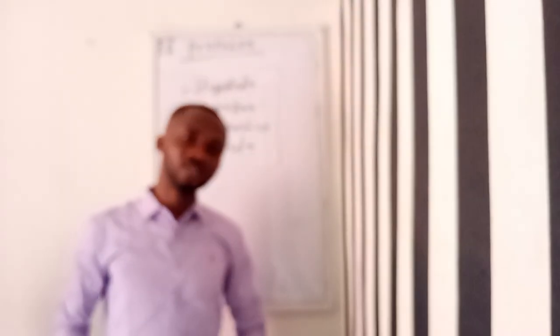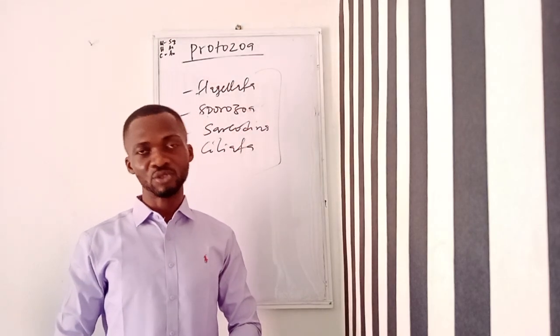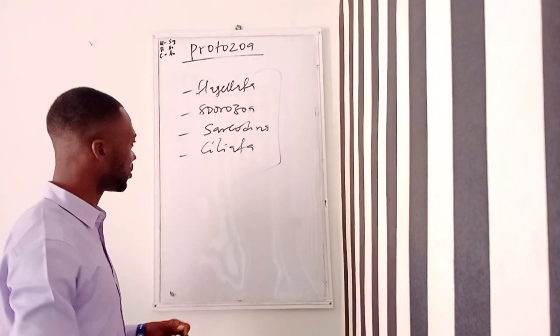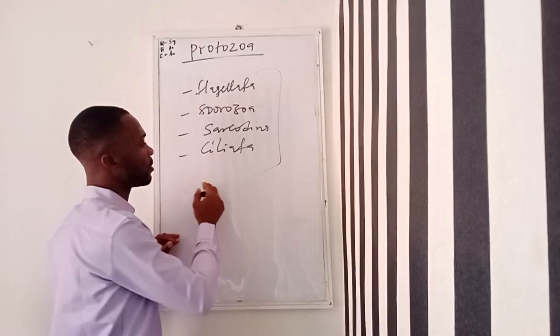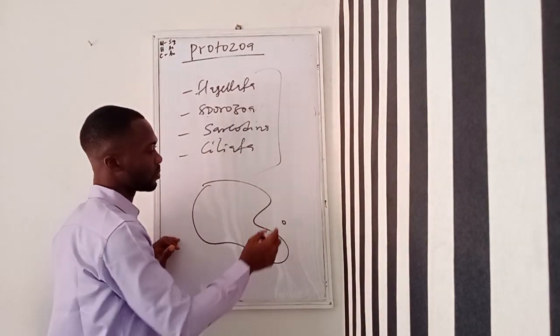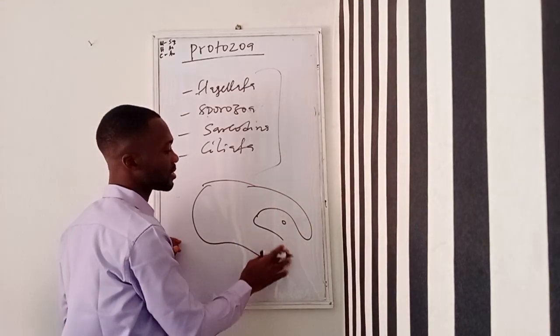So I think this is the only thing we need to study on protozoa. Of course, you know the function of pseudopodia. Pseudopodia are used by amoeba for the purpose of feeding. If the amoeba has food it wants to get, it extends its cytoplasm.